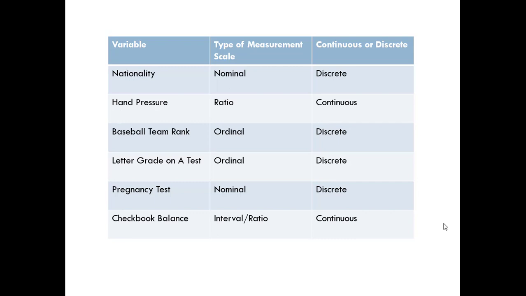Let's move forward and talk about letter grade on a test. This may have stumped a lot of people. You may have thought that this was a ratio variable, but the key word here, folks, was letter grade. So A, B, C, D, F. Okay, if you had to rank those letter grades, you would end up with an ordinal variable. Now we know that there is a great deal of variation that can occur in terms of what constitutes an A, what constitutes a B, what constitutes a C, right?